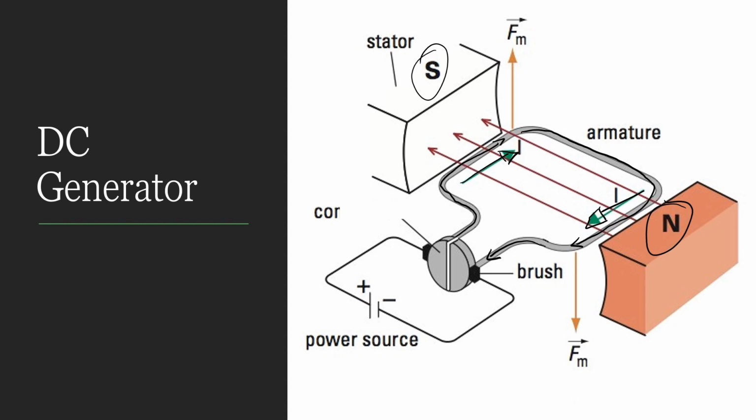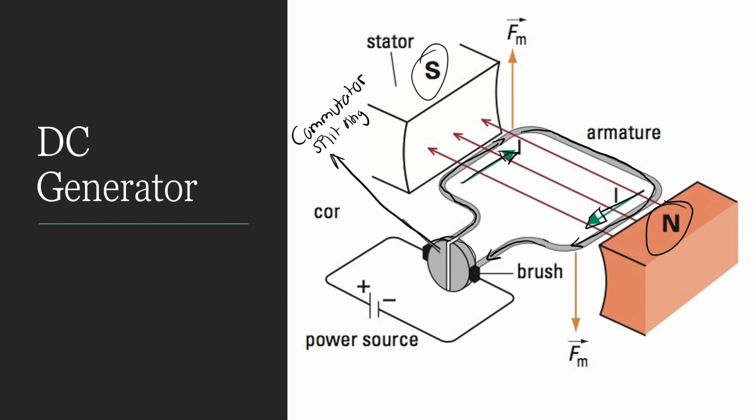Okay, next up we have something called a commutator. This round thing, this circular thing over here, is called a commutator. That is a commutator. Or you can also call it a split ring.